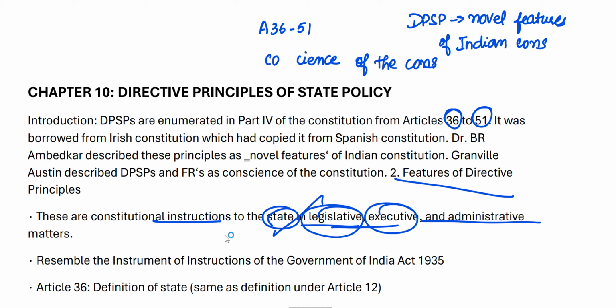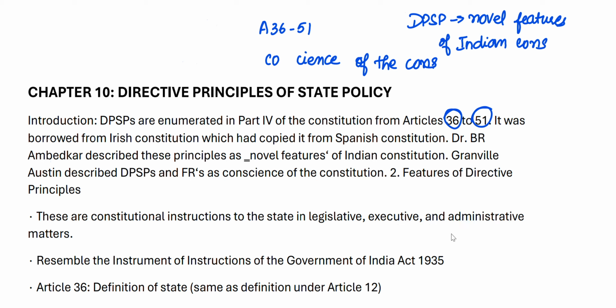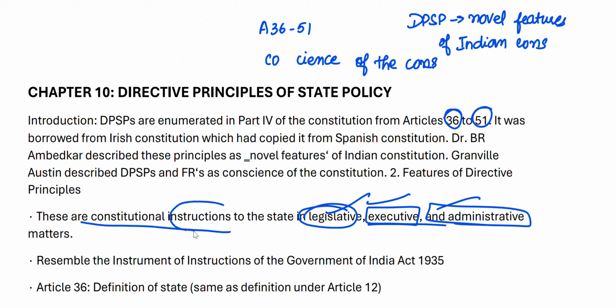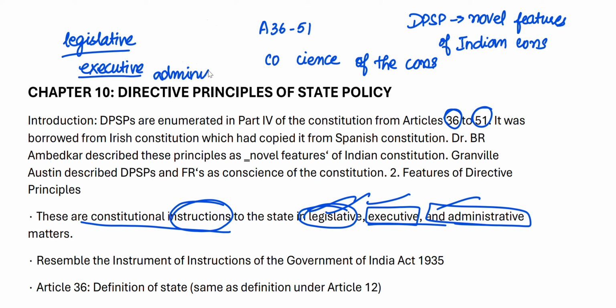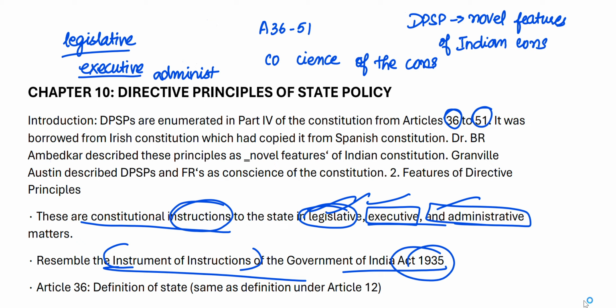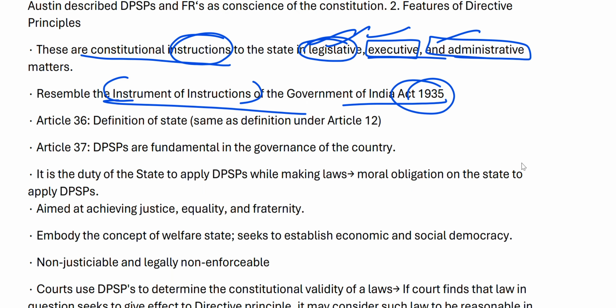All three types of instructions are given. They resemble the instrument of instructions of the Government of India Act, 1935.